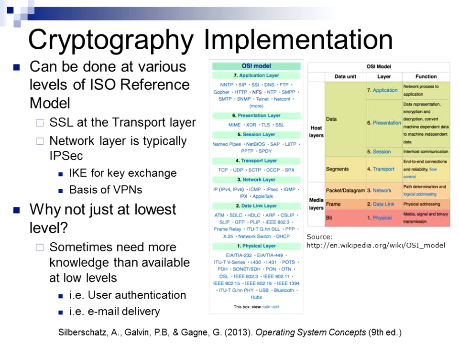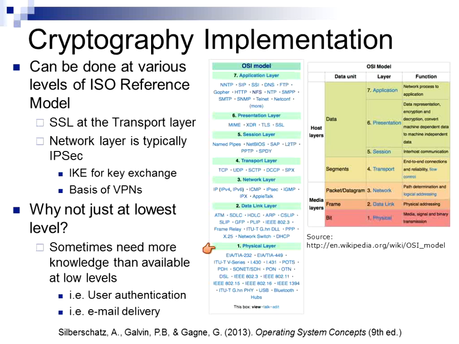Cryptography can be implemented at different levels, and your book says that it can be done at different levels of the ISO reference model. If you've taken a communications course, you're probably familiar with this model, but just realize that at any of these layers, you can use cryptography.